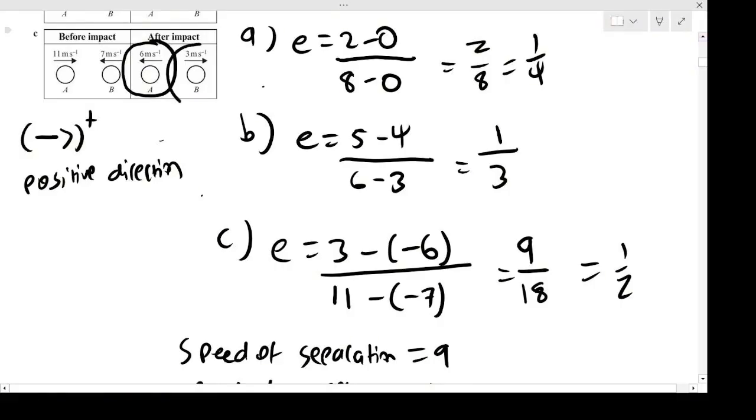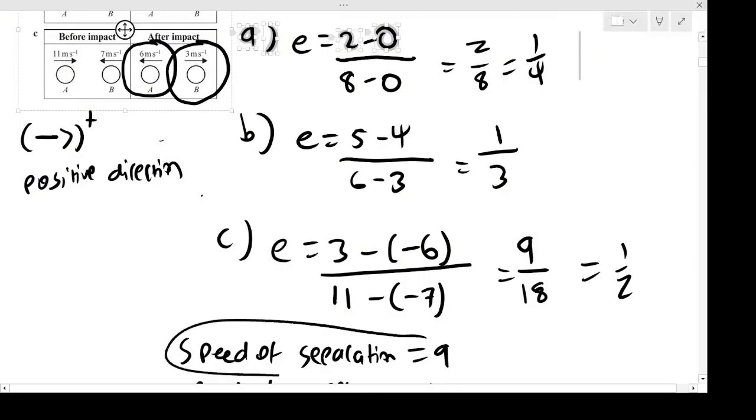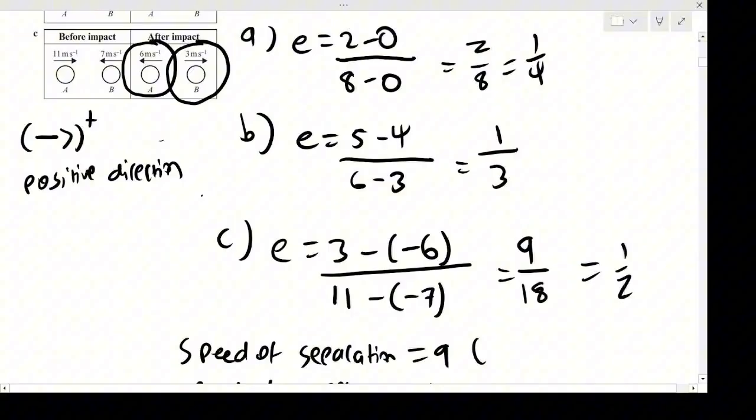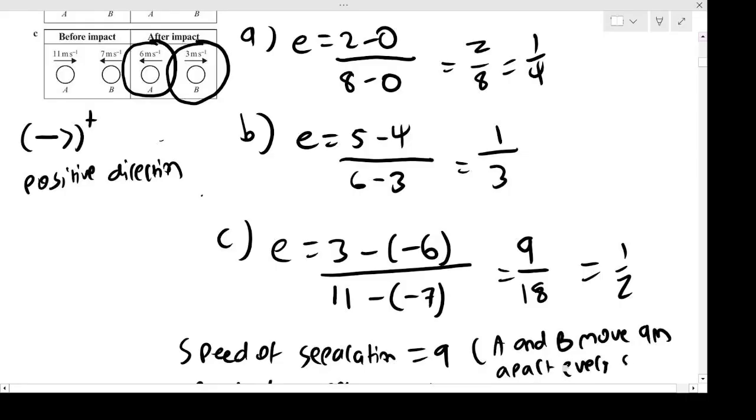But also B is moving 3 steps away from A as well every second. So overall, they're going to be 9 steps apart, or 9 meters apart, if you will. So that's where the speed of separation comes from. So that tells me A and B move 9 meters apart every second. Okay, hopefully you can see that there.